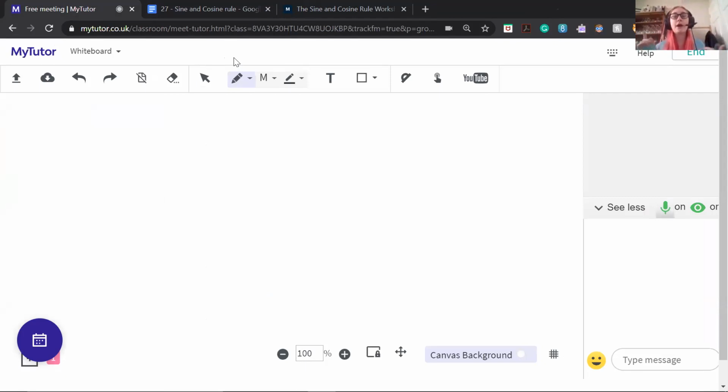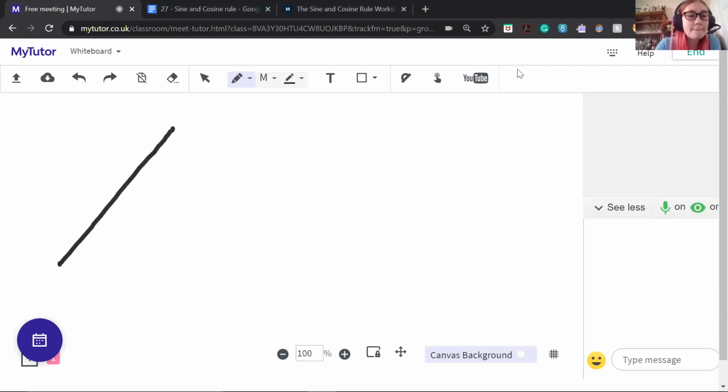Pythagoras and SOHCAHTOA, which I think we're going over tomorrow, only apply to right-angled triangles, whereas the sine and cosine rule apply to anything. You can use any triangle, doesn't matter if it's not right-angled. So I'll start off by explaining what both of them are for you, and we'll see what they're like.